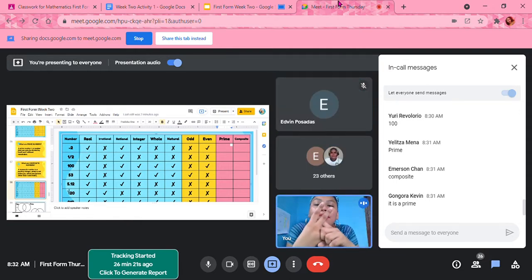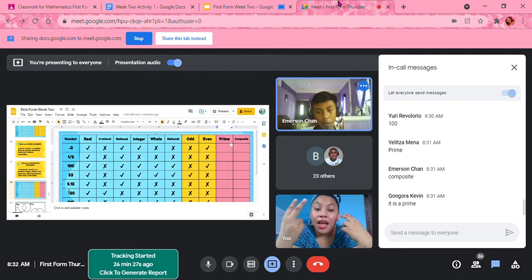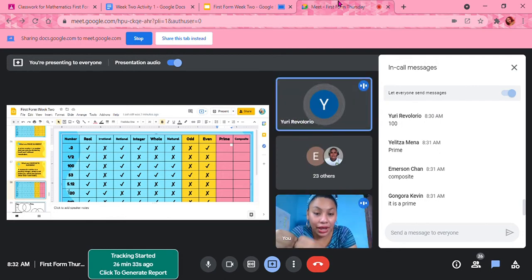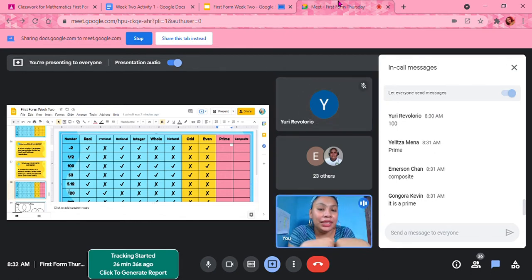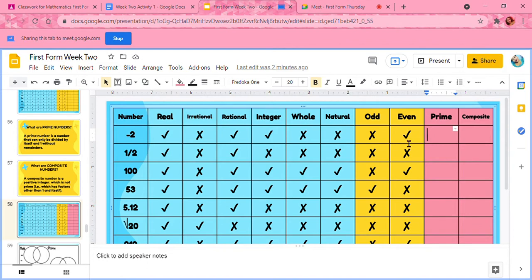By what numbers can I divide the number 2? By 2 and by 1. I can only divide it by itself and by 1. So what does that mean? It's a prime number. Very good. And because it is a prime number, that means it cannot be a composite number.